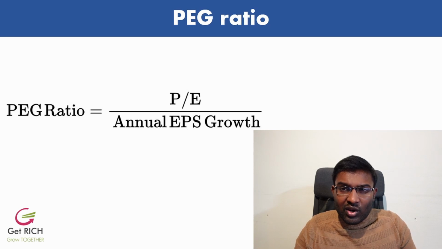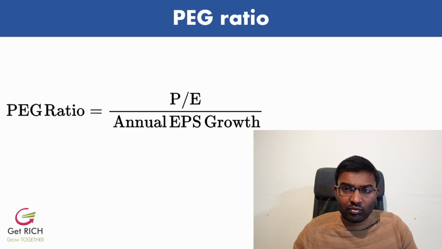It gives a basis to compare different companies with different growth rates. If the PEG ratio is less than 1, it's a very good company. Usually if the PEG ratio is less than 1, that's attractive to buy. So the PEG ratio is also an important metric to look at.